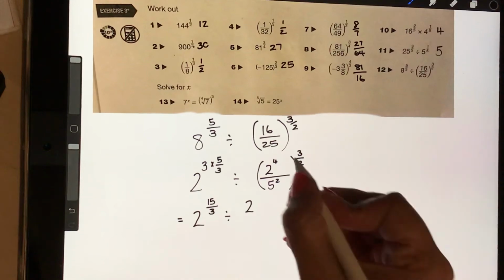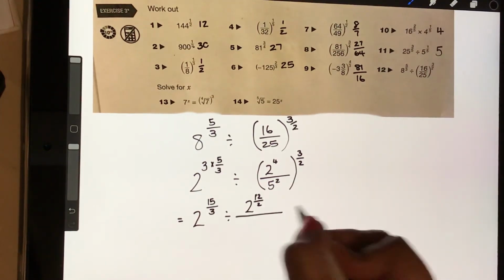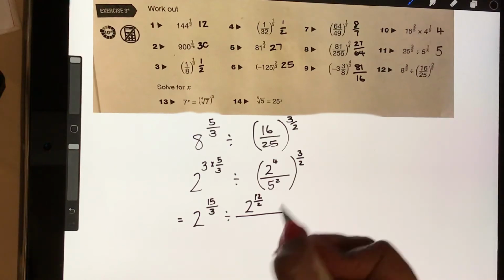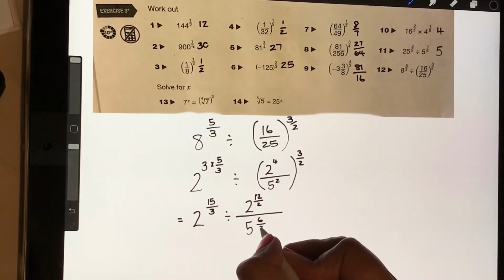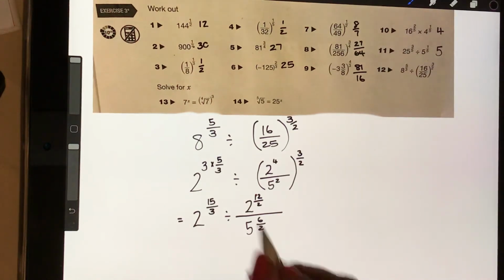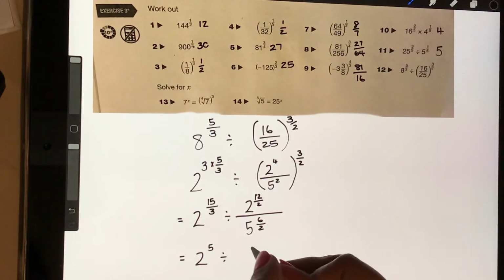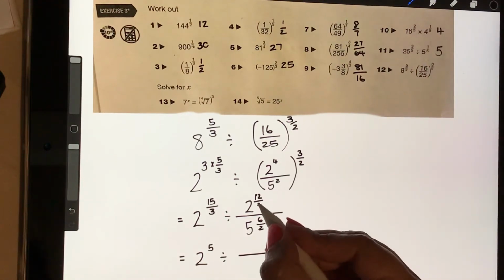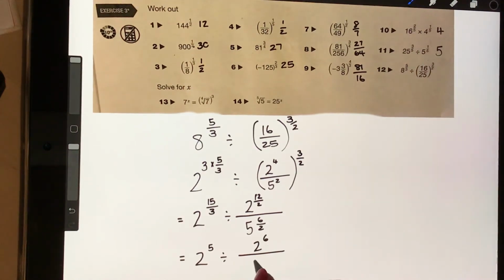So I'm going to get 2 to the power of 12 over 2 all over 5 to the power of 6 over 2. Right, then I've got 2, 15 divided by 3 is 5, divided by 12 divided by 2 is 6, so it's 2 to the power of 6. And at the bottom we've got 5 to the power of 3.